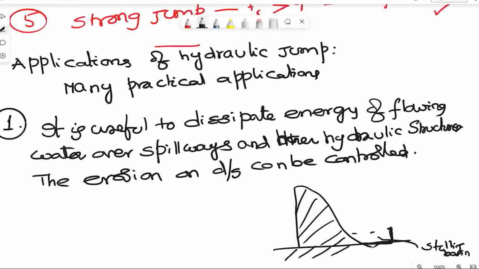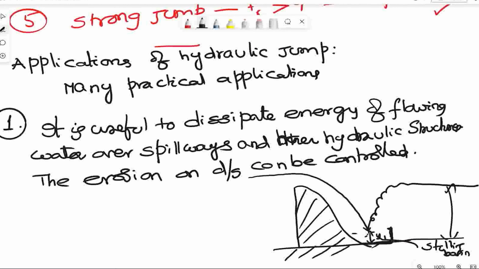Sometimes we create a bucket here, so the water that falls, falls into this, dissipates here, and flows downstream. This depth is y1 and y2. If this dissipation does not take place here, then the entire energy, if it falls directly onto the channel bed, the entire channel bed gets eroded.